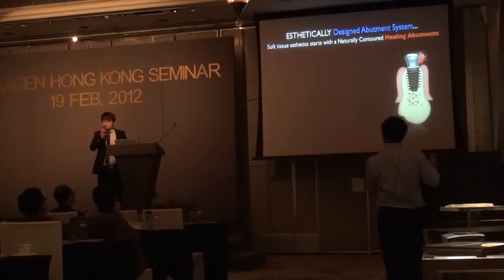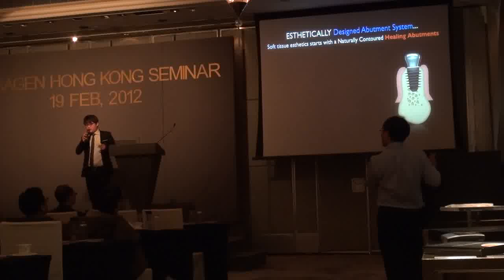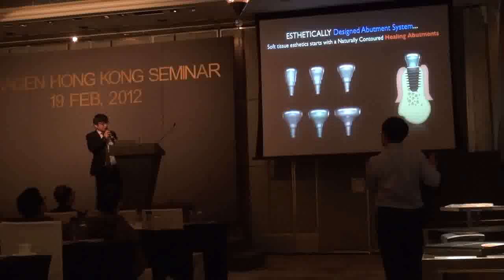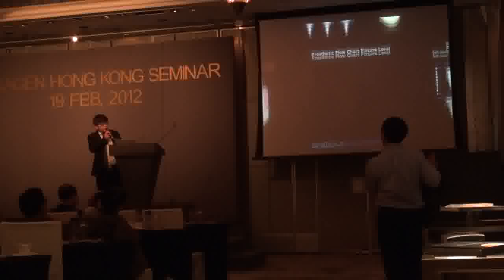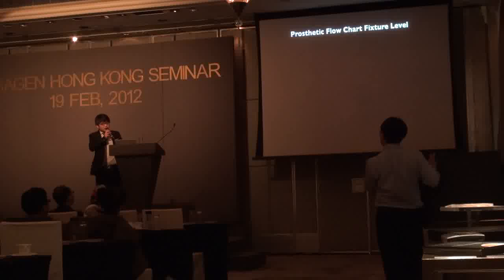And the other advantage of using Enrich is that it has platform diameters from 3.5 to 8 millimeters, matched with each implant size. So we have various healing abutments, so that we can cover small sites and also big extraction sockets. There are also various cuff heights of the healing abutment.